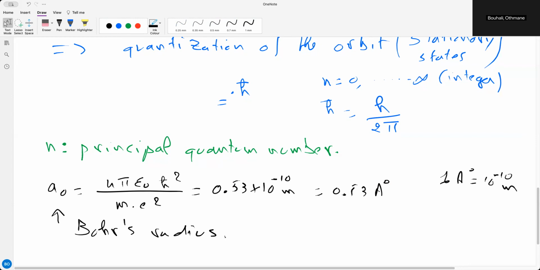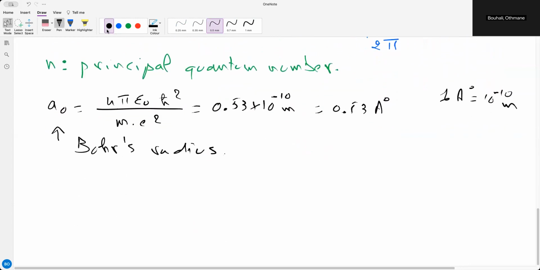Now let's see what happens to the energy of the system. Now we have seen that the energy of the system is equal to minus e squared over 4 pi epsilon 0 r. Now we can replace r by its value.